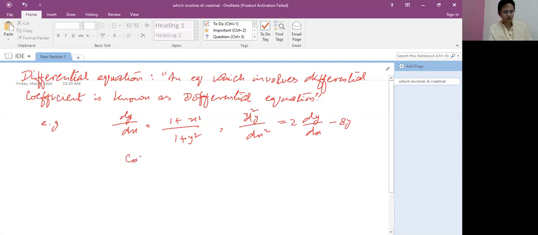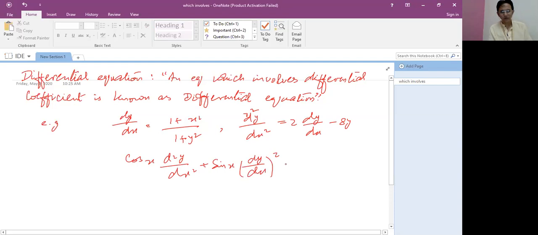Similarly, cos of x into d2y upon dx square plus sine of x into dy upon dx whole square plus 8y equals 10x. These are the differential coefficients dy over dx and d2y over dx square. So an equation which involves differential coefficient is known as differential equation.